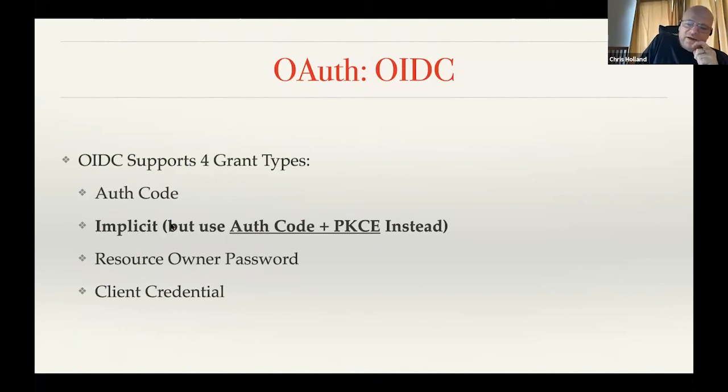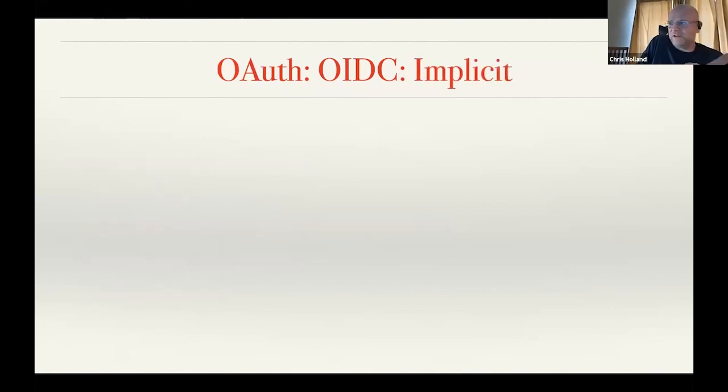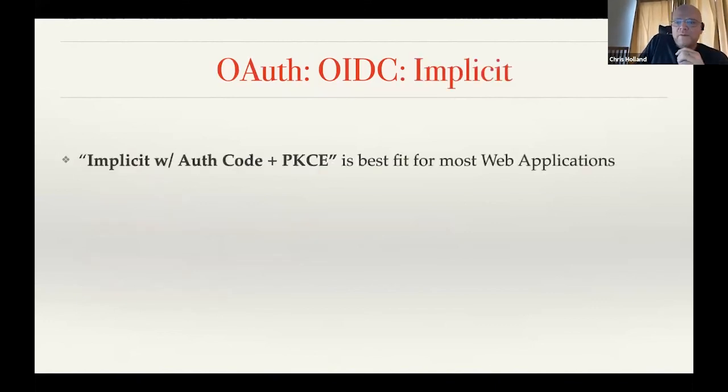But again, it's no longer implicit. You're basically using auth code plus PKCE instead. Functionally, it's very similar, but it's a much more secure way to do this. I have a link to it so you can learn more, but I'm not going to dig deeply into it. This auth code with PKCE is the best fit for most web applications.